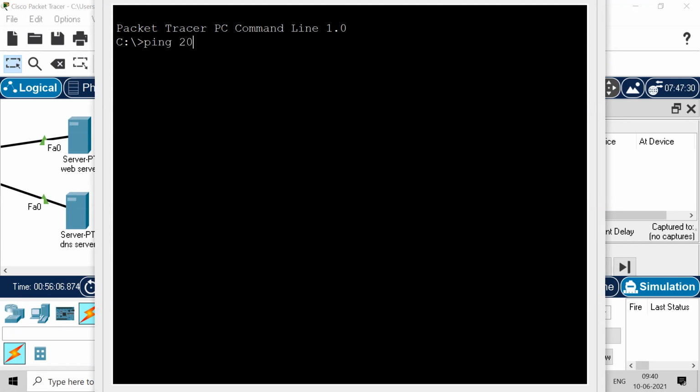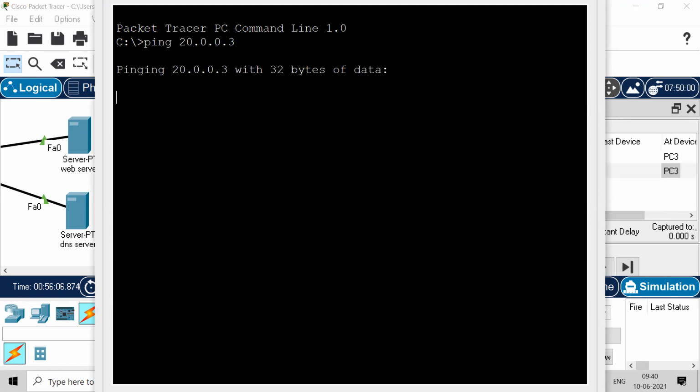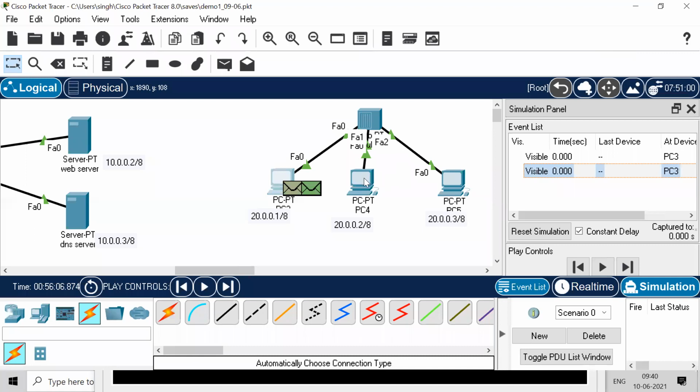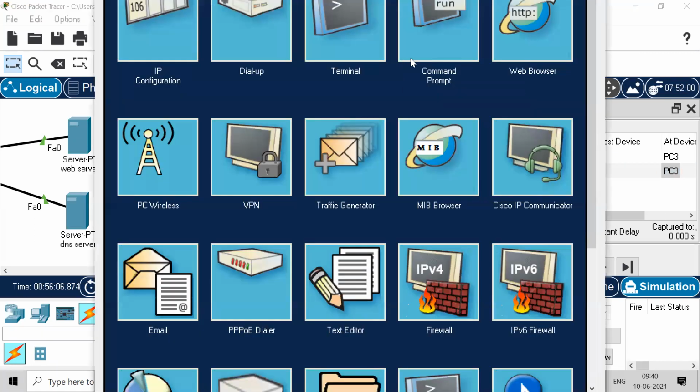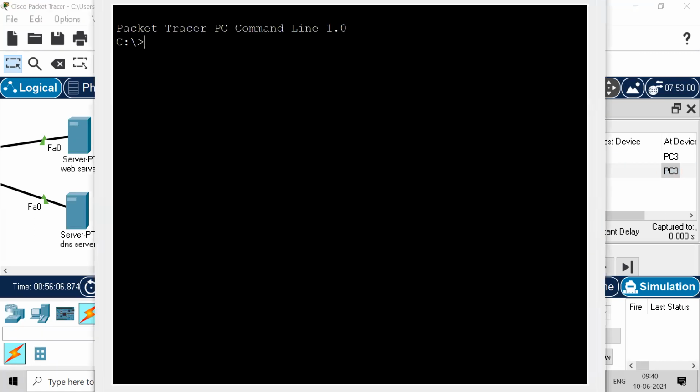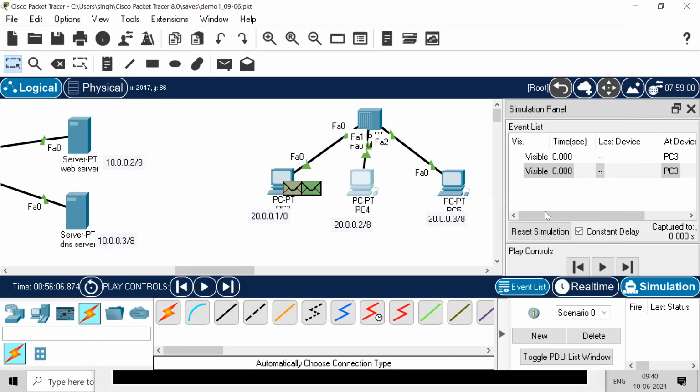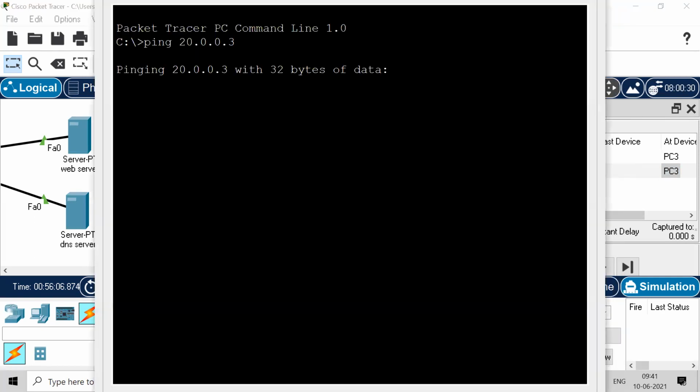Ping 20.0.0.3. I hit enter. Again, from this computer, I will go to the command prompt and say ping 20.0.0.3. So both have sensed that the medium is free, and both have initiated the ping.